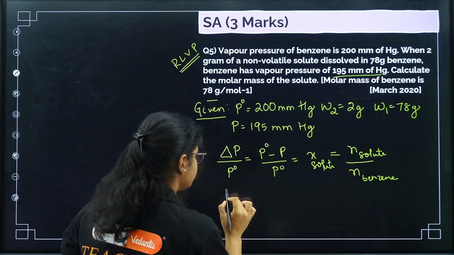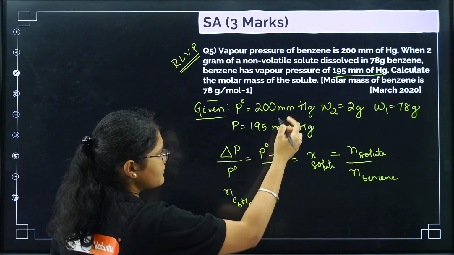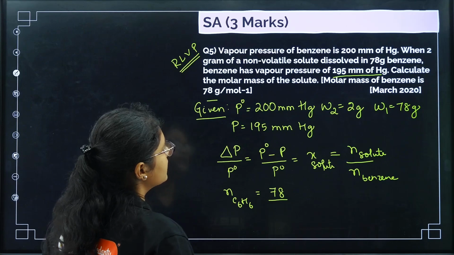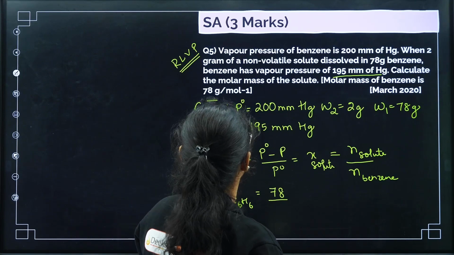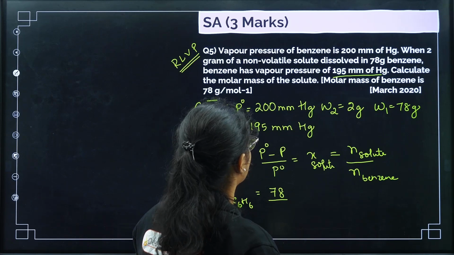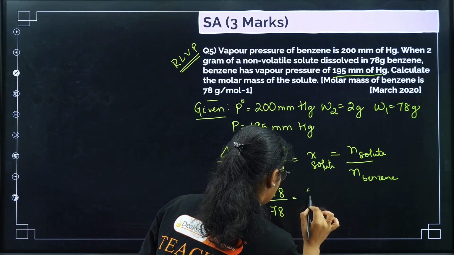Okay, so now what is the number of moles of benzene, C6H6, given mass by molar mass, so you have 78 gram of benzene and molar mass of benzene is also 78. Okay, so it will be 1.